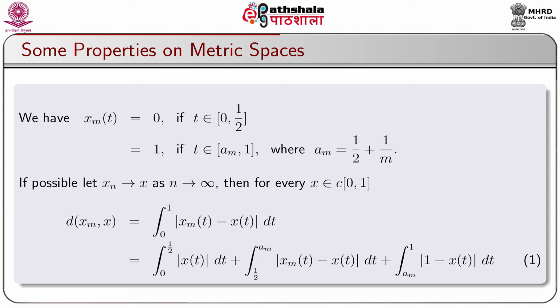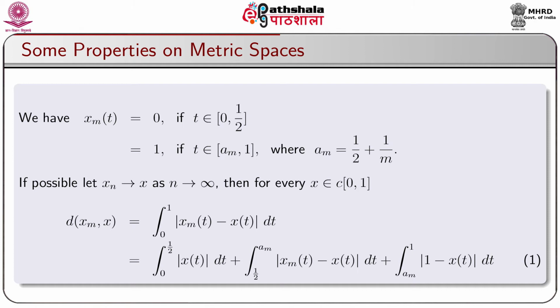If possible, let x_n converge to x as n tends to infinity, then for every x belonging to C[0,1], we see that d(x_m, x) is equal to the integral from 0 to 1 of modulus of x_m(t) minus x(t) dt.